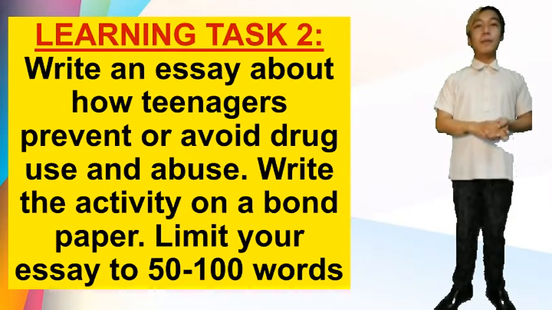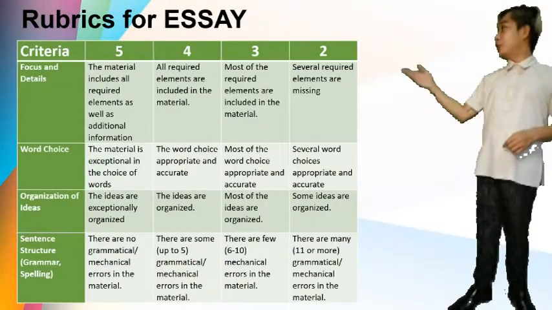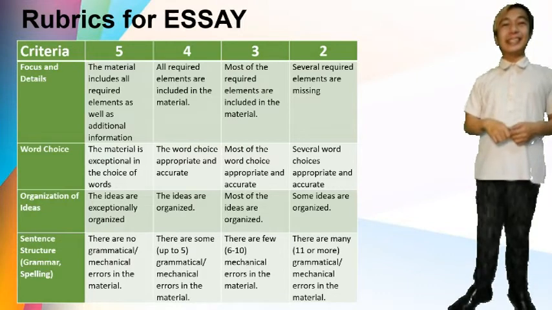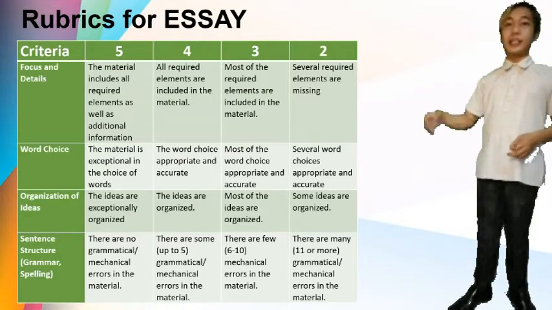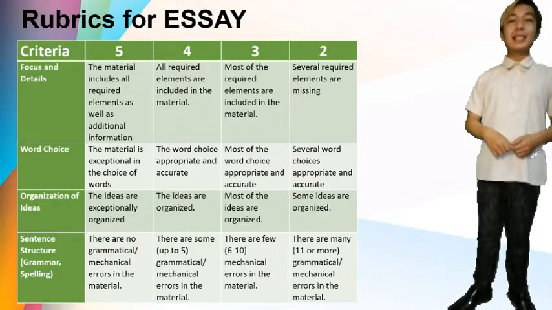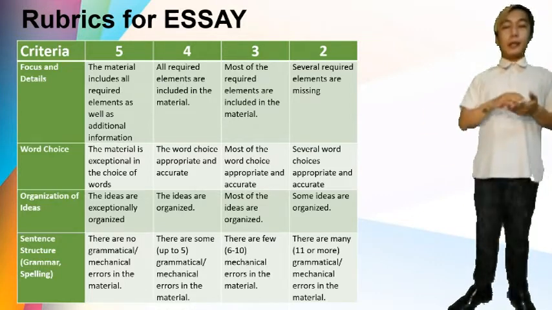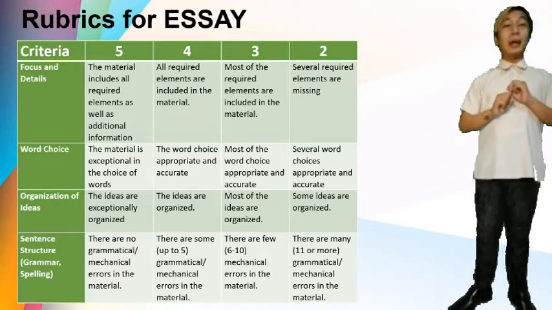The rubrics for this essay are: number 1, focus and details; number 2, word choice; number 3, organization of ideas; and number 4, sentence structure. We have the grammar, spelling, and so on for a total of 20 points.